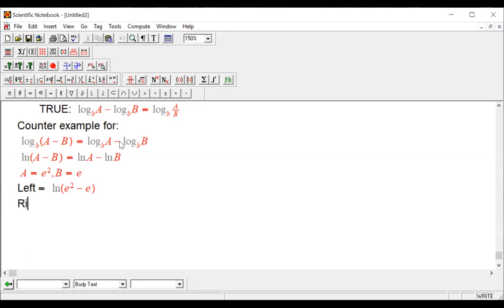My right-hand side is equal to ln e squared minus ln e. And it's 2 minus 1, which equals 1. Does that equal 1? Because if this equals 1, it should equal ln e, right?